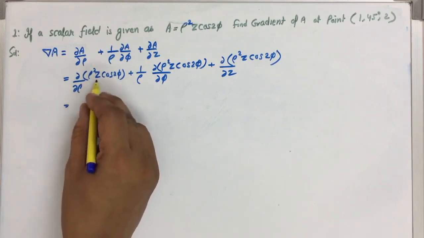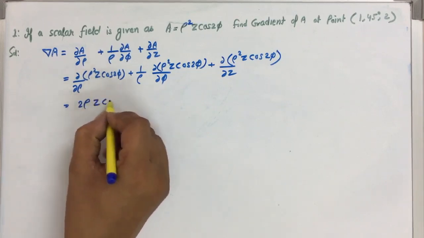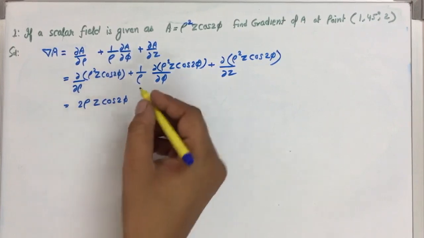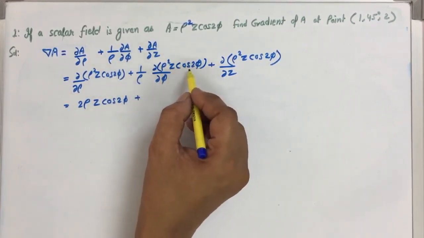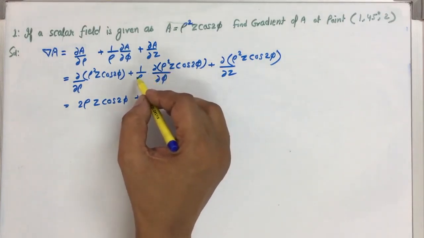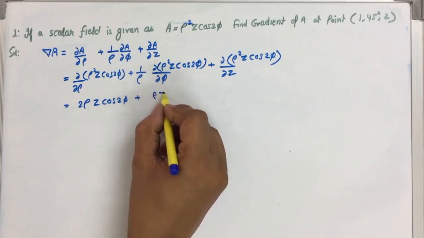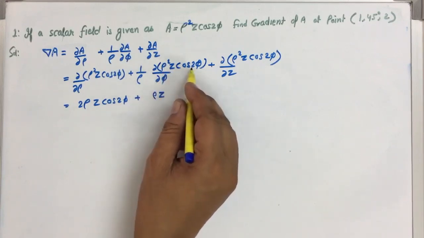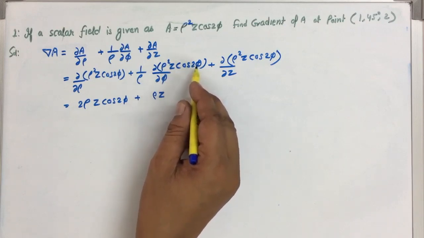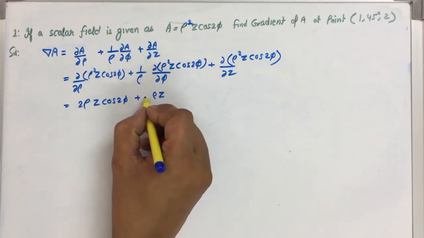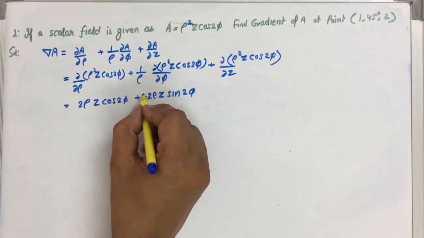So that will be 2 rho z cos 2 phi, plus the differentiation of the second term, remaining will be constant. 1 rho from here and 1 rho from there will cancel out. So rho z will be out from here. Differentiation of cos 2 phi will give you minus sine 2 phi multiplied with 2, so it will be minus 2 sine 2 phi.